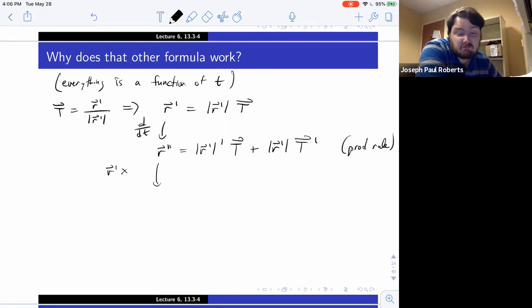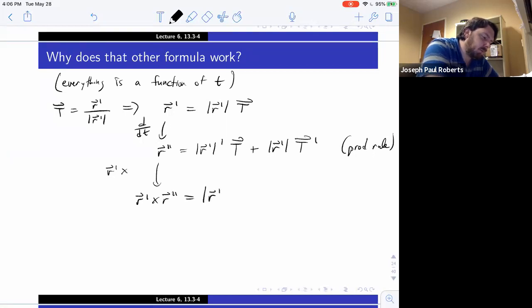In the same way that you've been multiplying both sides of an equation by something for years, you could take the cross product of both sides of the equation by the same thing. So I get r prime cross r double prime on the left.